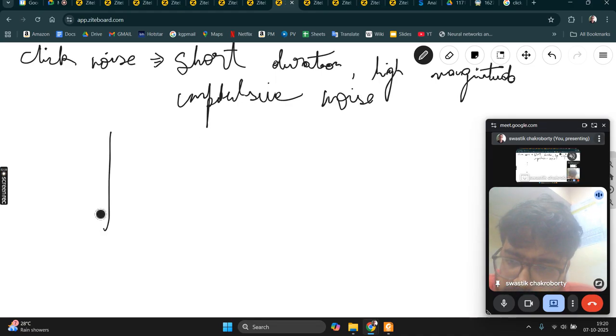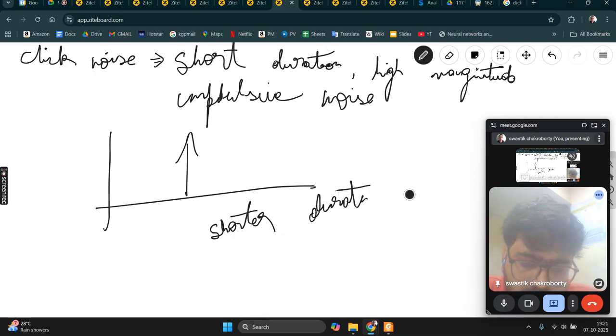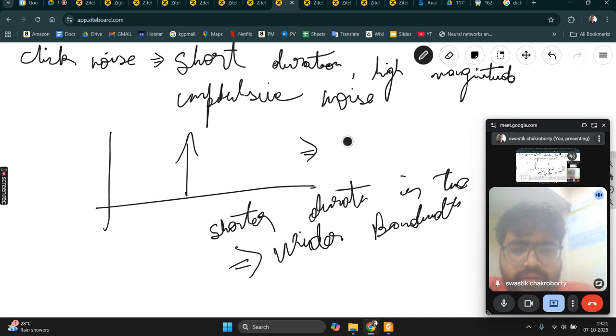So it will look something like this. This is a click noise. Now, the shorter duration in time implies wider bandwidth. Shorter duration in time will imply a wider bandwidth. So this will imply something like this.